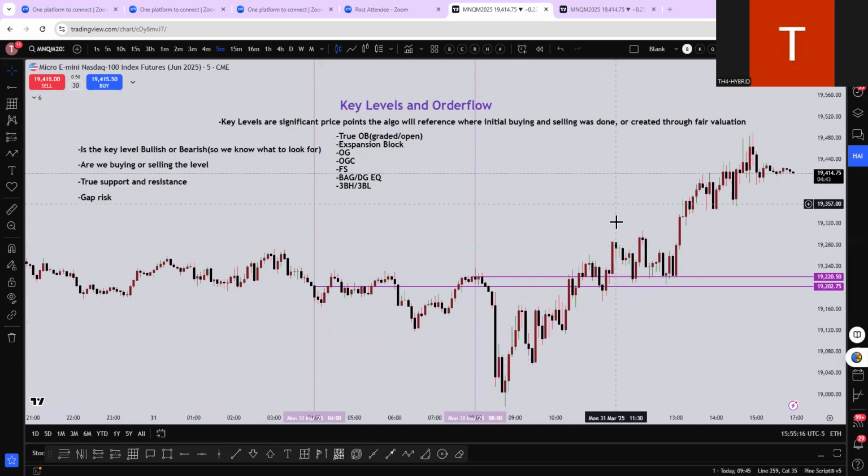Bullish fractals will act as support. So here's the opening price. We closed above it. We're coming back in here. Now that we are above the key level, we're looking for a bullish fractal that we can buy from.